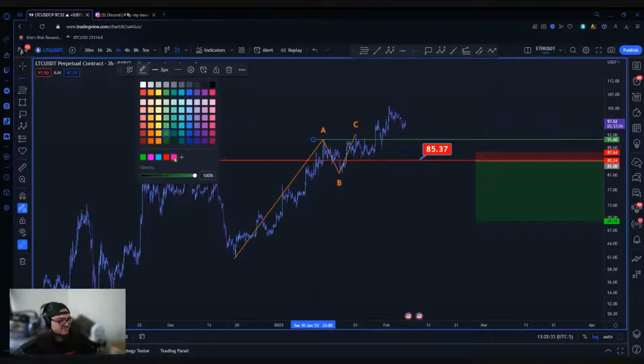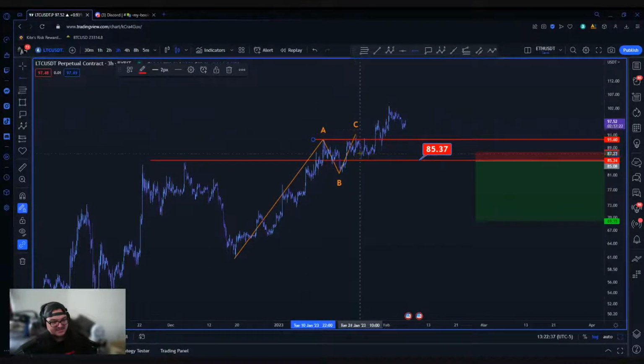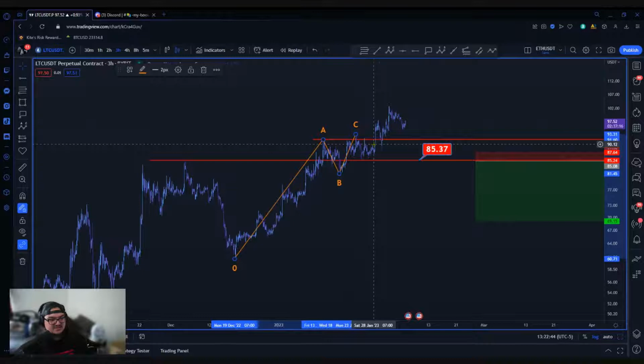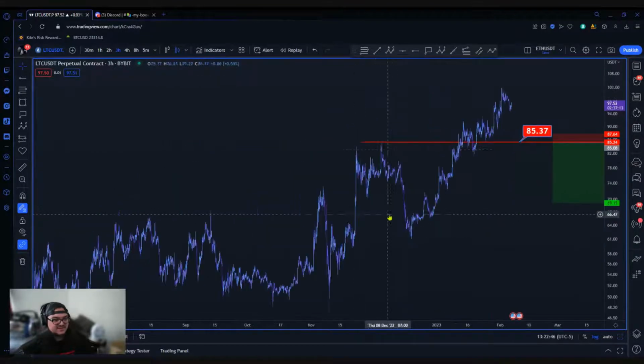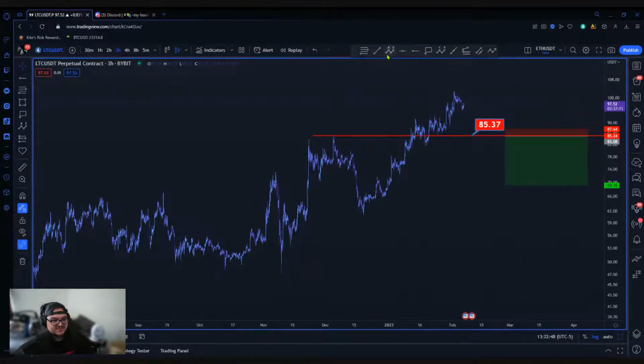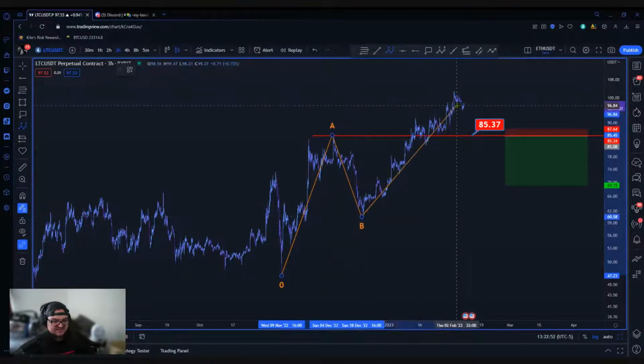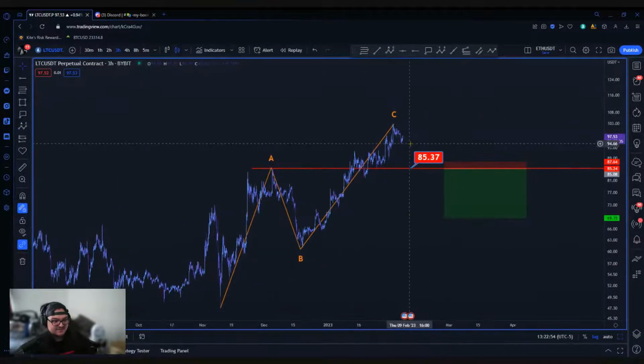It worked for a little bit, but it came back and stopped us out, and you would have been caught in this chop. So in situations like this, I will ditch the smaller entry and focus on the larger pivot. Now, to be honest, if we keep pumping, I might ditch this altogether and try to find another ABC up in this region here, just because we're going to be very overextended.